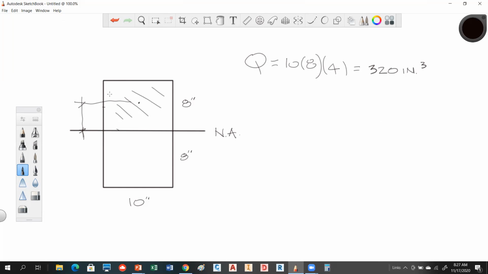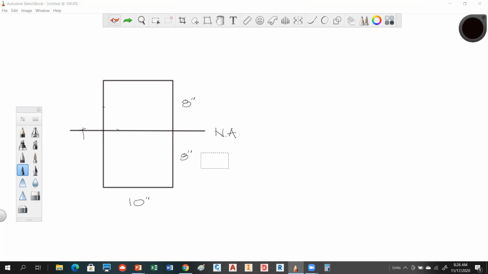So let's change this a little bit. What they'll very often do, and I just want to go through this so you understand what's happening, is tell you, I don't want to look at the total shear.